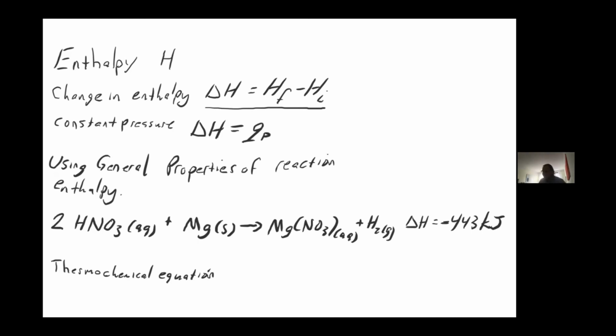First of all, I want to show you what this thermochemical equation is telling us. By the way, this is a redox reaction. If you look at the oxidation number of magnesium, it's an element, so it's 0. This is a compound over here, so in a compound, magnesium has an oxidation number of +2. The hydrogen has an oxidation number of +1 here.